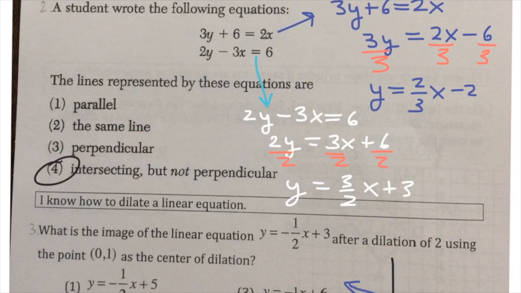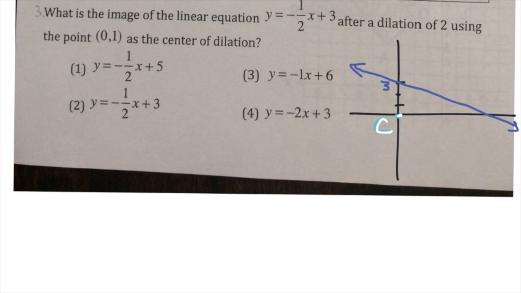All right, moving on to question 3. We're dilating equations in question 3. And when you're dilating equations, you have to pay attention to the center of the dilation. If the center of the dilation is touching the line, then the line won't move. If the center of the dilation is the origin, as I wrote here originally, then it becomes very easy.